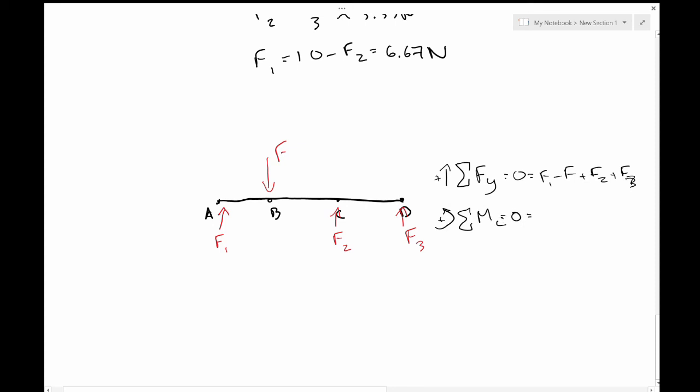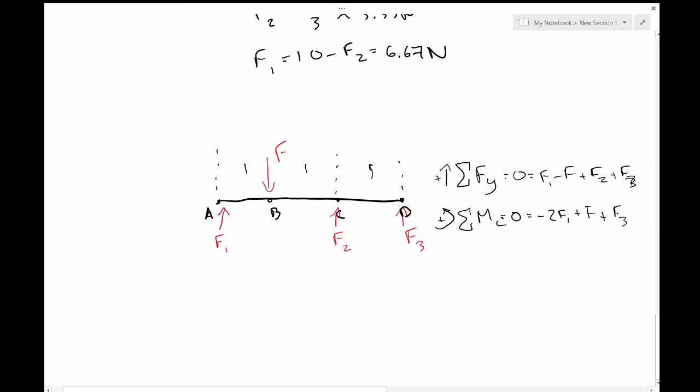That's going to be negative 2F1 plus, I should probably put in distances here. Let's just call all of these 1. Negative 2F1 plus F, and then plus F3 as well.